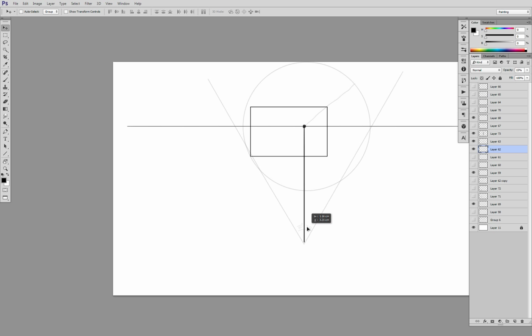Now, if I move it back, I need to move it back until it lines up.